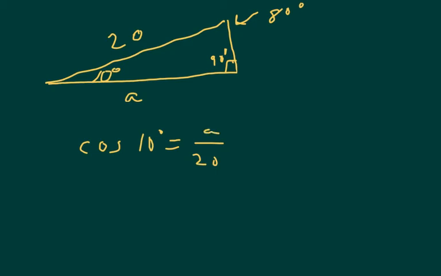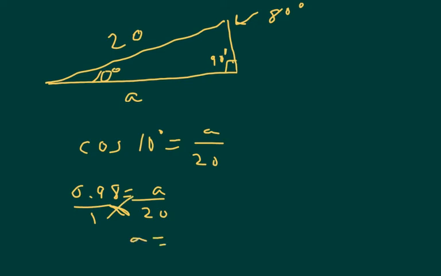And this is actually an easier problem to work with. Cosine of 10 degrees to the nearest hundredth would turn out to be 0.98, and that would equal A over 20. And when you cross multiply, you actually get the answer. You do 20 times 0.98 would equal A times 1.